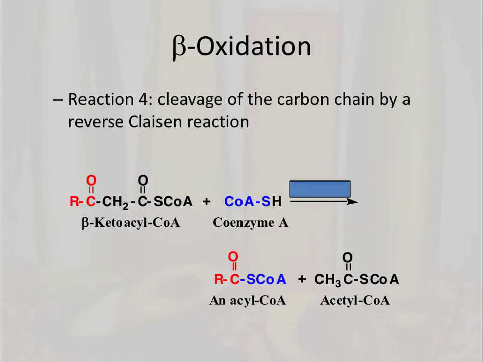Or there are other reasons why you use acetyl-CoA, but usually when we're talking about this, we're talking about times that we're energy deficient, so we're going to go on. The other product, with the exception being the very, very last round, is going to be another acyl-CoA, but it's going to have 2 less carbons. So if we start off with 16 carbons, now the other product will only have 14.